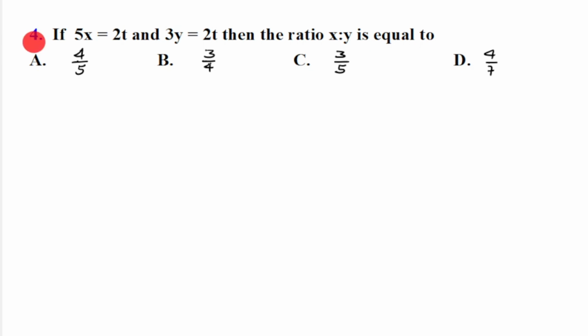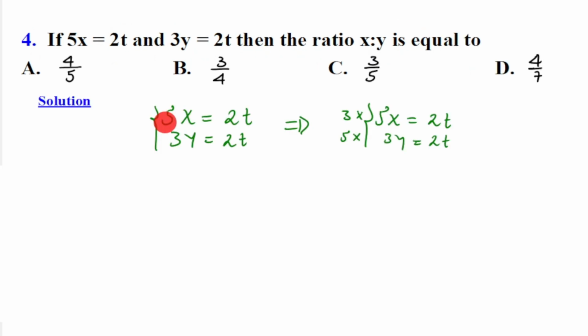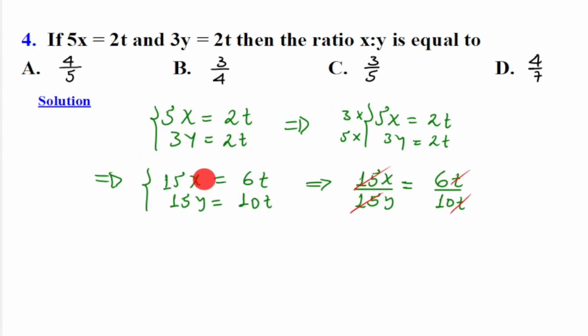4. If 5x is equal to 2t and 3y is equal to 2t, then the ratio x to y is equal to? We must make the coefficients of x and y equal. So we multiply the first row by 3 and the second row by 5. When we multiply by 3, 15x equals 3 times 2, 6t.